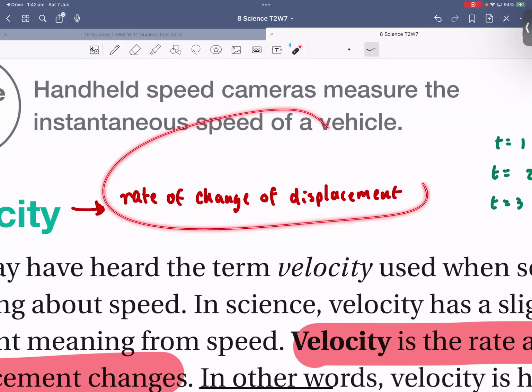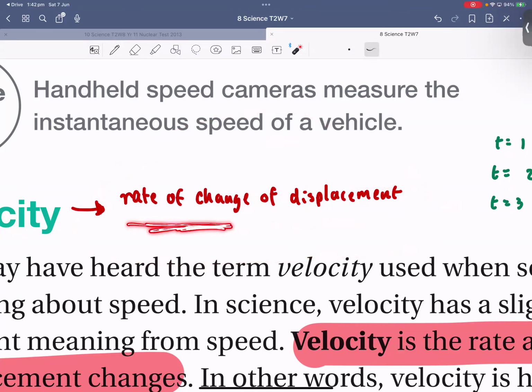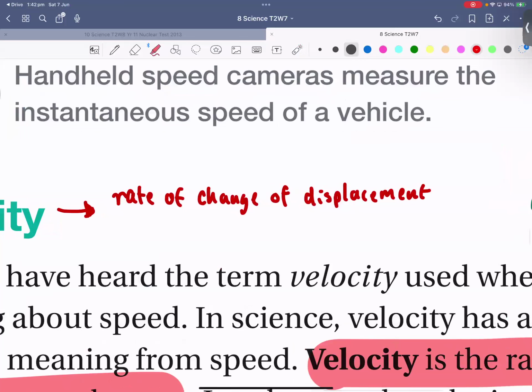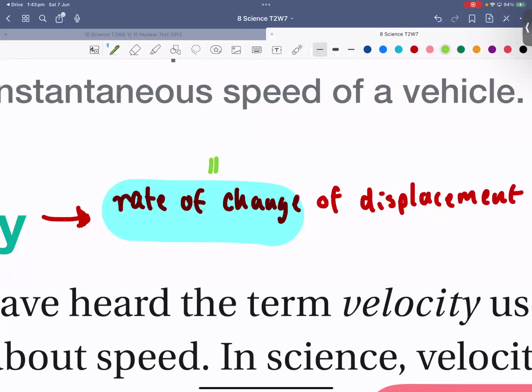Guys, think about what I've written here. What else have you seen rate of change used for? Would it be a linear equation? Not quite. Rate of change is synonymous with this word that you do know, gradient. Do you know what the gradient is?